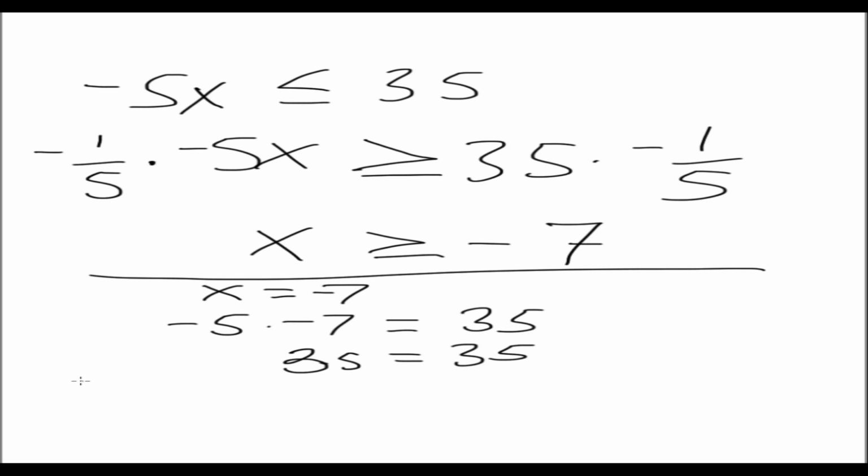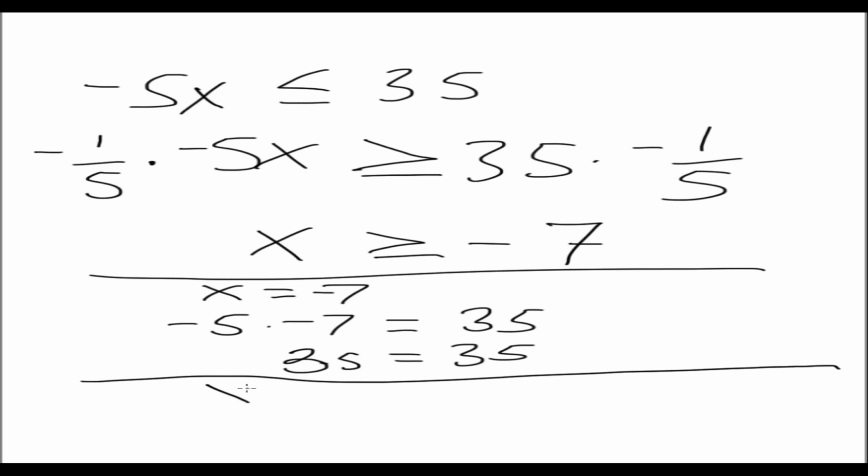Now I want to check and verify that the inequality works. If some number is greater than or equal to -7, will it work? Well, what's greater than or equal to -7? How about 1? There's nothing that says you have to use hard numbers. You can use something that's simple. If it works, it works. If it doesn't, it must mean it goes the other direction.